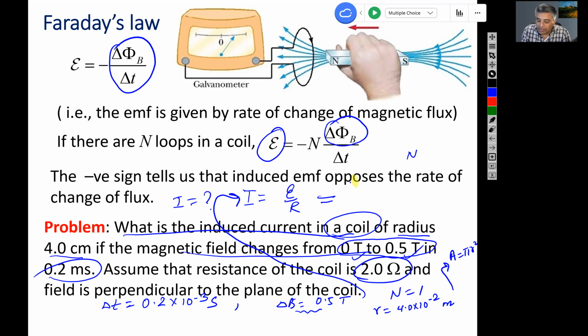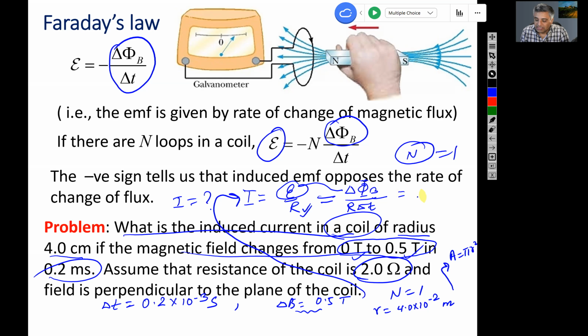So what is EMF then? Number of turns is just 1, right? So I can forget about that. So that means delta phi, change in magnetic flux divided by time interval. So that's the EMF, okay? I need R, so let's write R there, R times delta T, okay?